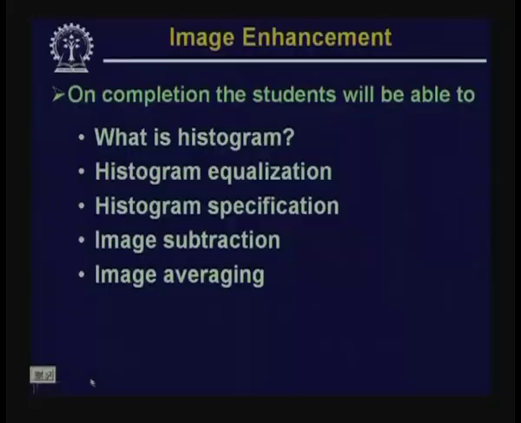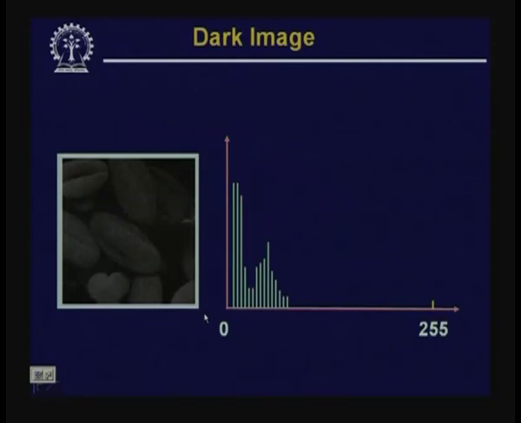Now, let us see what the different types of images that we can usually get are, and what their corresponding histograms are. Here you find that the first image is a very, very dark image. It is very difficult to find out the content of this image.